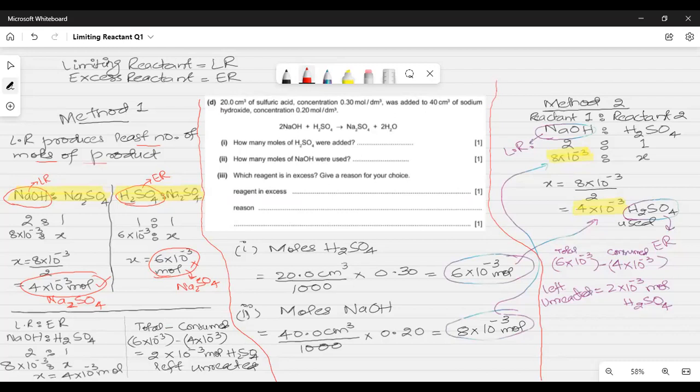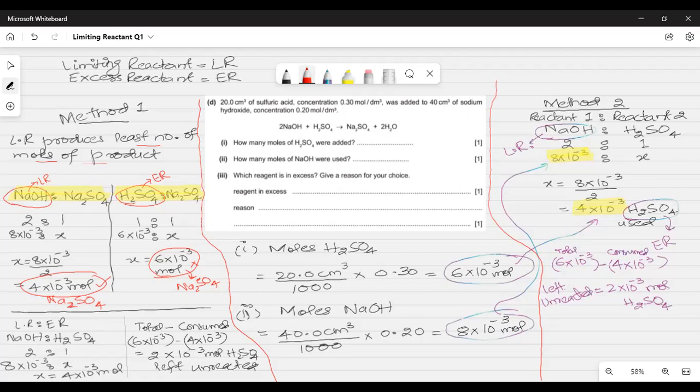Now take the ratio of limiting and excess reactant to one another and find out the amount of excess reactant consumed. You already know the total amount of excess reactant in the first two parts of the question. So total minus consumed, subtract them and you'll get the left unreacted amount of excess reactant. That's what method number one is.